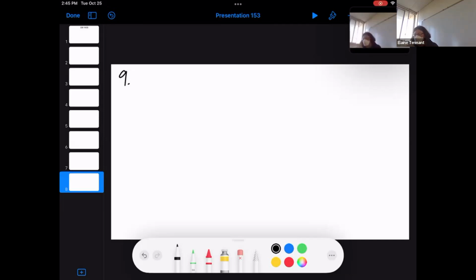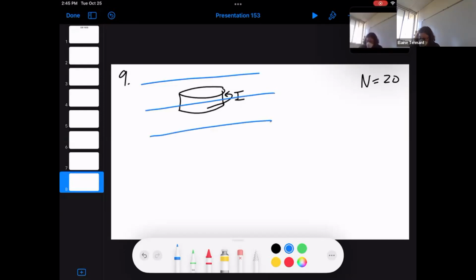For this one, we have a circular coil with N turns. Generally when you say number of loops, you just call those turns. I have this coil that's coiled up, and I'm not going to draw all of those because that's going to mess up my picture. There's a current going like that, and a magnetic field going like this.